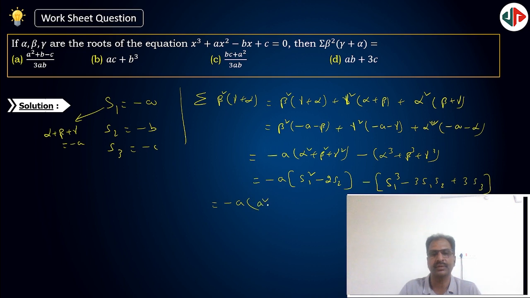S1 square A square, minus 2S2, so plus 2B, minus of S1 cube minus A cube, minus 3S1S2, plus 3S3. After simplification, minus A cube plus A cube gets cancelled.